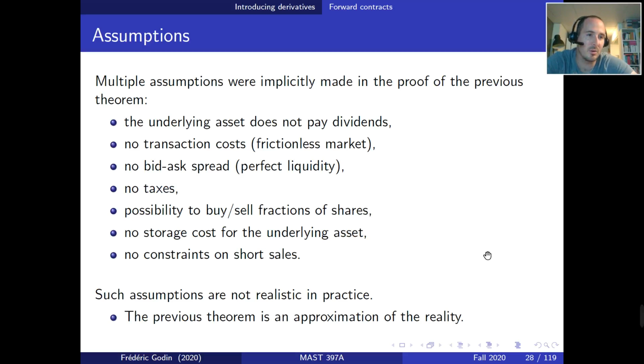Sometimes there are regulatory constraints on short sales; regulators might prevent you from short selling some assets. Furthermore, in practice, when you borrow an asset from a third party, for example from a broker, there's a fee associated with borrowing that asset. This fee, often called a haircut, we haven't included in the previous proof.